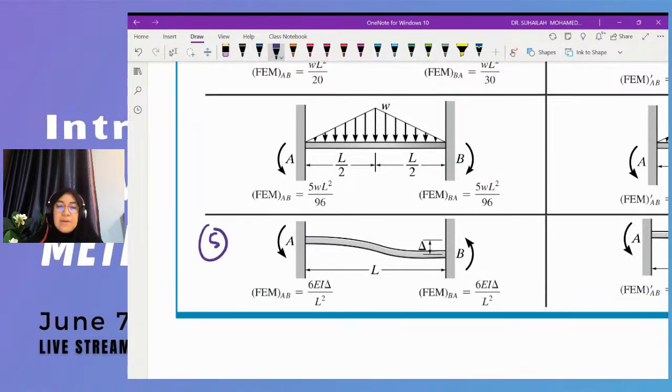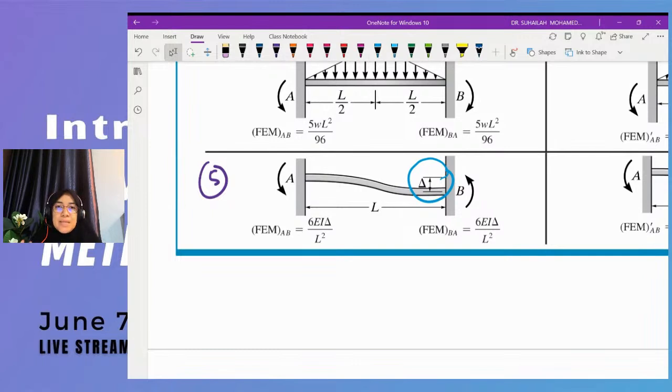Formula number 5 is also fixed end moment, but there is no loading subjected on it. But this has delta. So due to delta at one position, let's say we have AB like this, fixed at both ends.